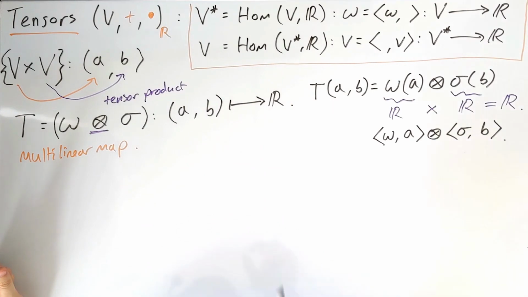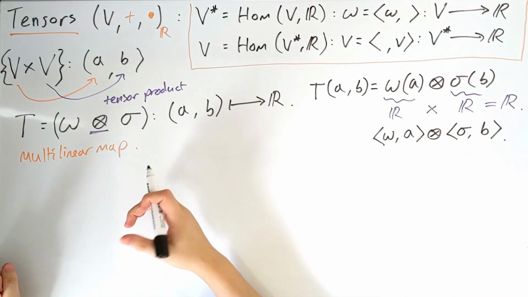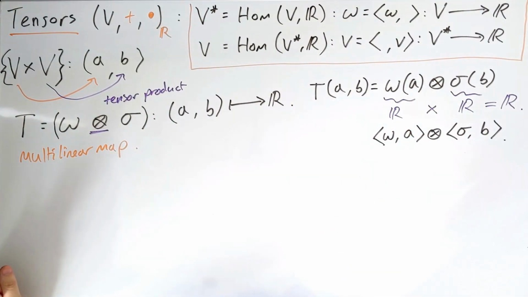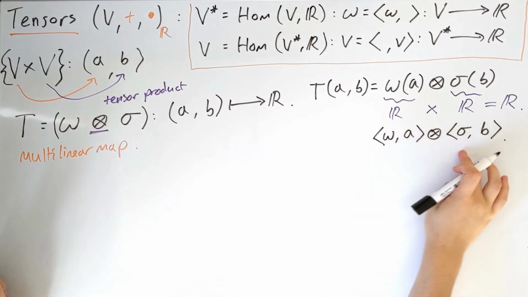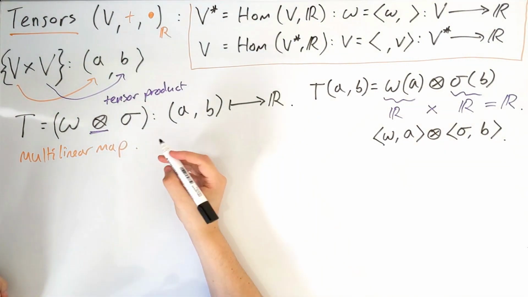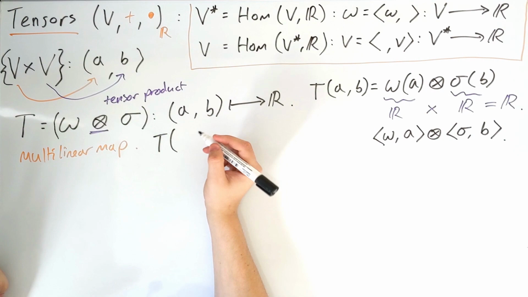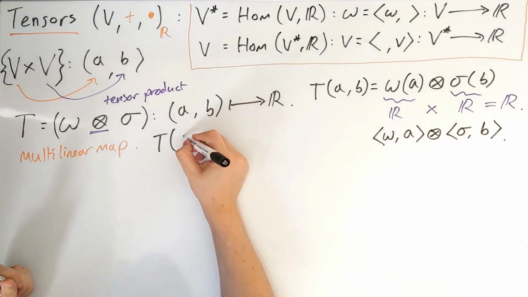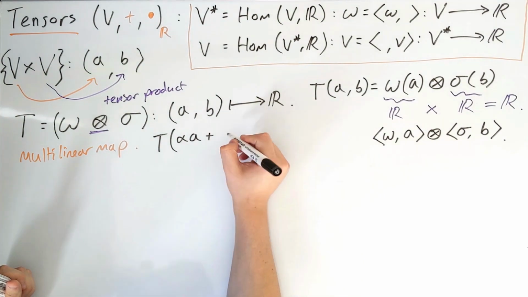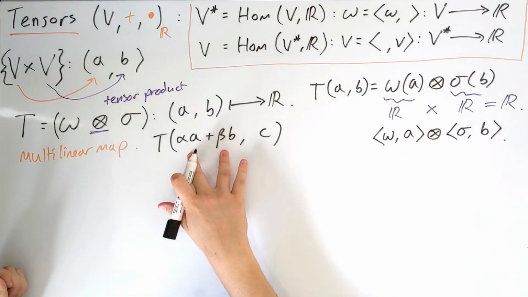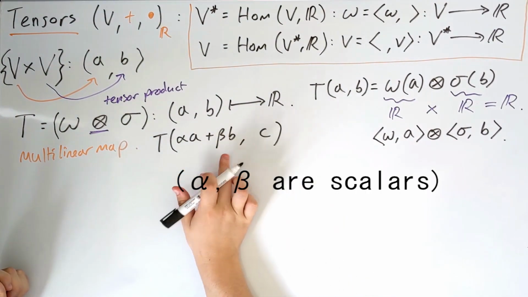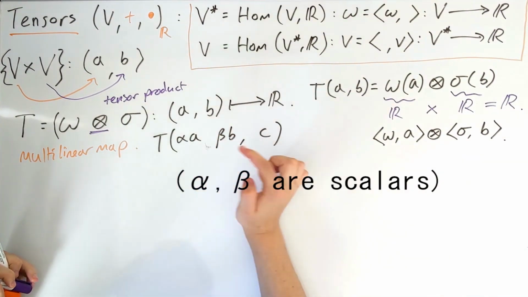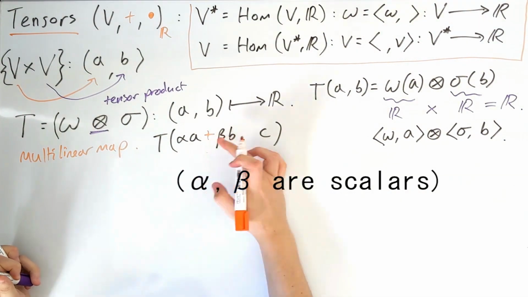What does this mean? Well, it simply means that the map has to be linear in each of its slots. So we know that individually these maps are linear. To be a multilinear map, we must have that if we feed into the tensor an object which looks like a sum, so now the first vector that we're feeding it is itself a sum of two vectors, I could make it absolutely clear.